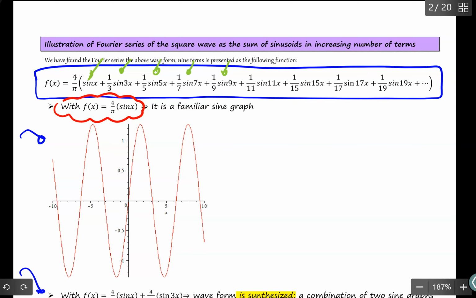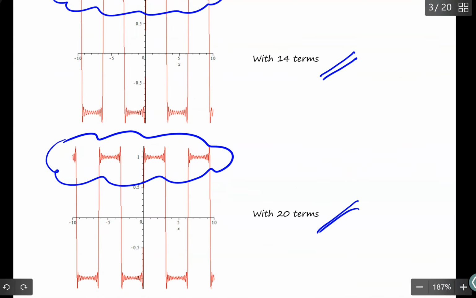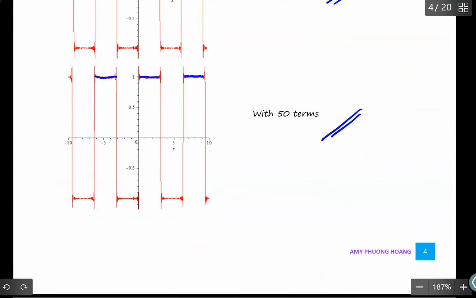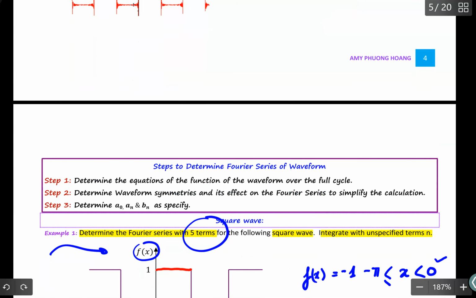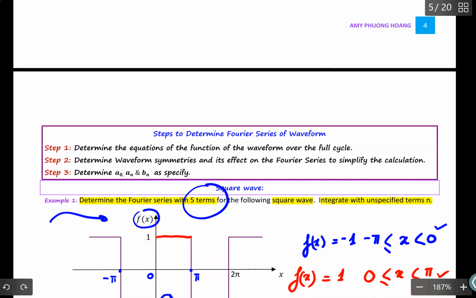We are finding the 5 terms for this Fourier series, and you see now it's proven that the more terms we add up, it turns into a straight line. So in a way, the square wave is the sum of all the sinusoids.